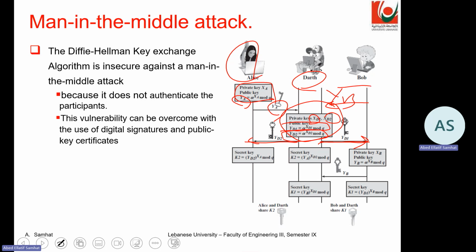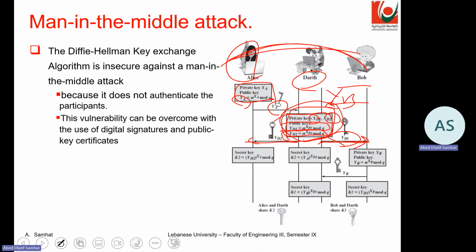From the other side, Bob will receive YD1, and Bob will consider that this is coming from Alice. The exchange appears to be done between Alice and Bob, but all exchanges are done through Darth, and Alice and Bob are not aware of this.